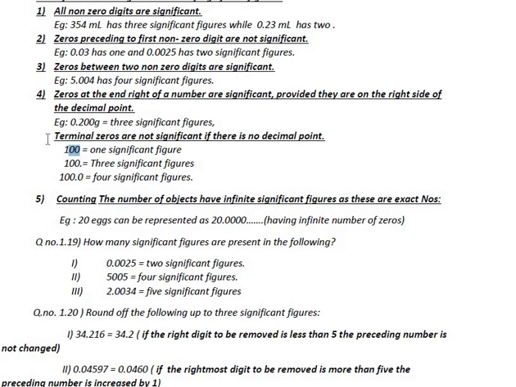See the rule once again: terminal zeros are not significant if there is no decimal point. So if we want terminal zeros to be significant, we need to have a decimal point, and the zeros should be on the right hand side of the decimal point. I hope this point is clear to you.